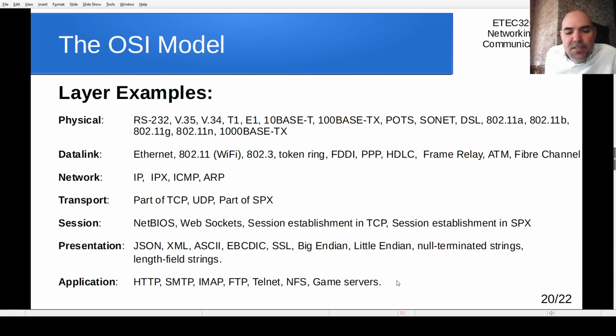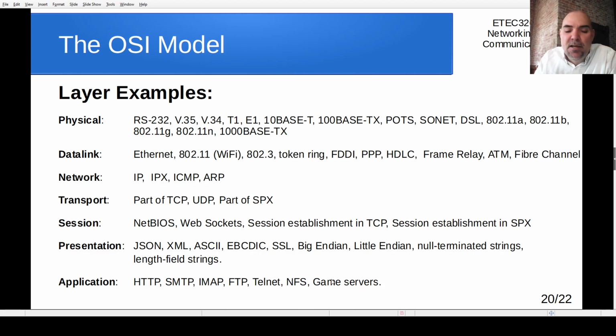ASCII versus EBCDIC, which was a competing binary representation used by IBM machines. Secure socket layer is in there too. And then whether something is big endian or little endian, null terminated strings or length field delimited strings like Pascal strings versus C strings, for example.